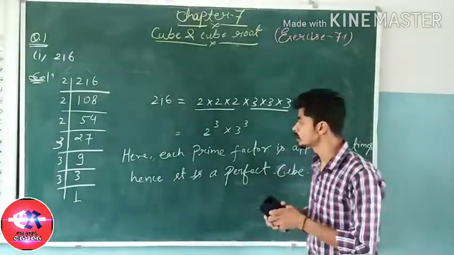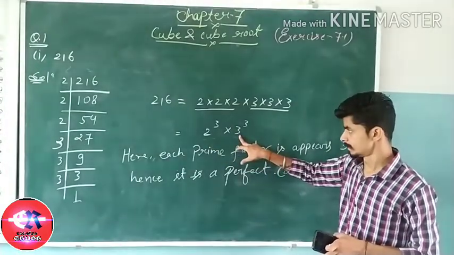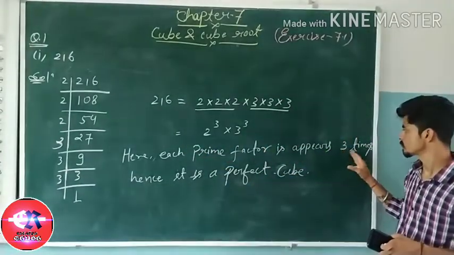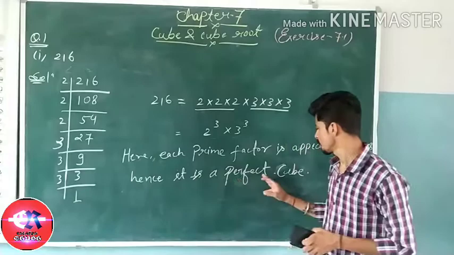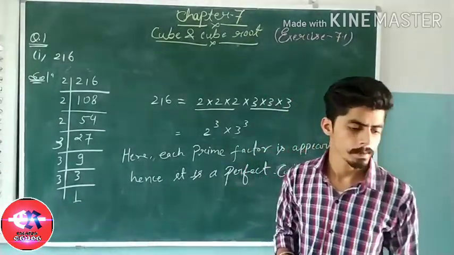So here 2 and 3 both have 3 times repetition. Each prime factor appears 3 times, hence it is a perfect cube. We have to find which is not a perfect cube.